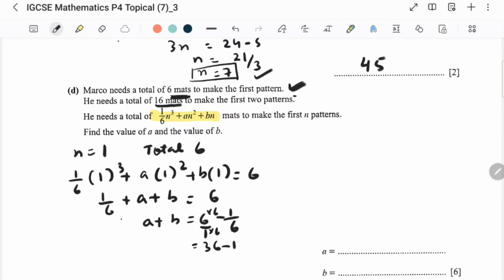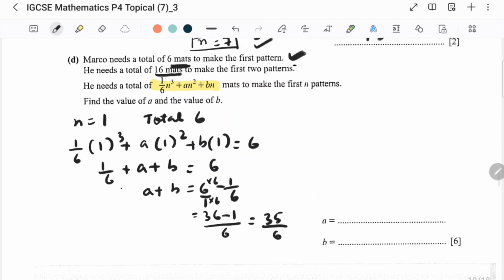So a plus b is equal to 35 upon 6, or you can have 6a plus 6b equals 35. First equation. Now the second equation.